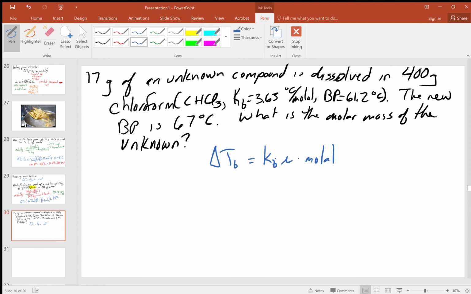Now, which of these do we know? Well, we know the change in boiling point because we went from 61.2 to 67. So that's 5.8 degrees Celsius. Kb is given in the problem.